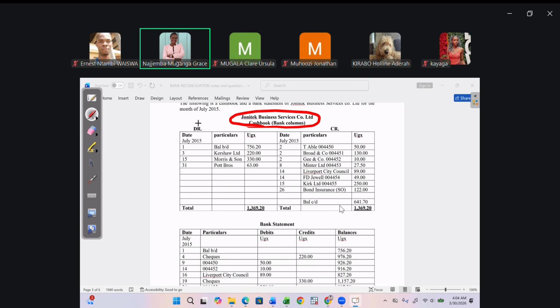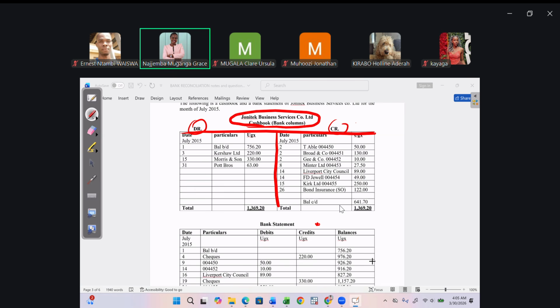You see that? Debit, credit. You can see these are the items on the debit side and the items on the credit side. Then in our bank statement, we have debit amounts. Whenever they are making payments, all those figures are on the debit side. And any receipt of money is a credit entry.